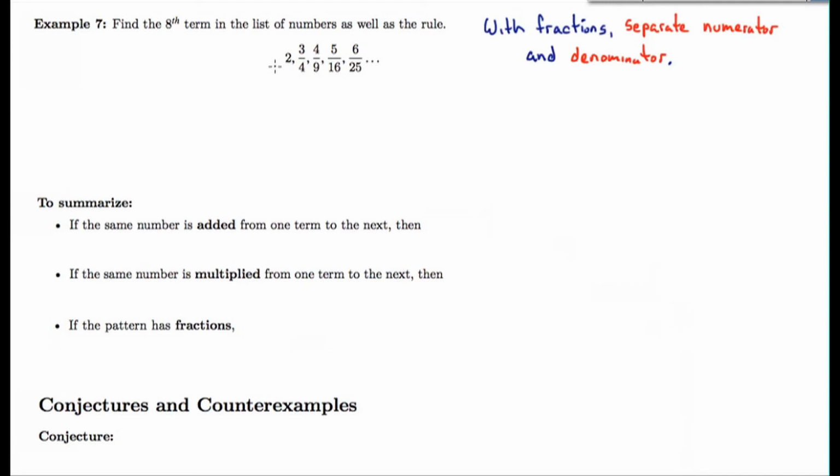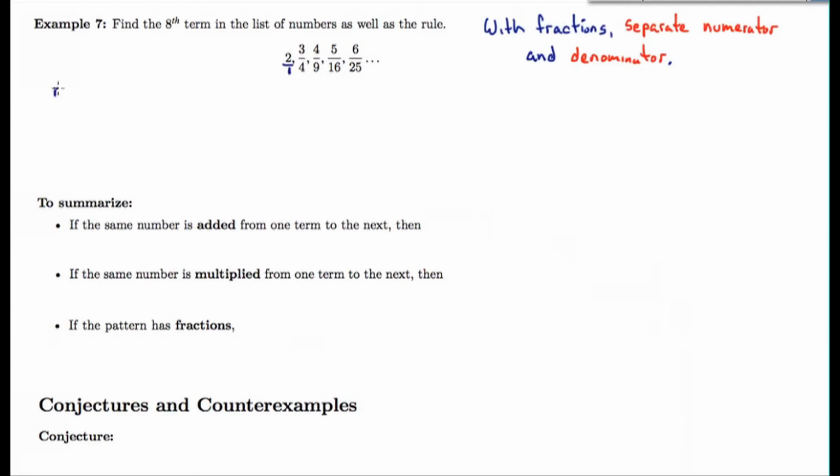So 2, and we can write this as 2 over 1. That might be useful. 2 over 1, and then 3 over 4. So 3/4, 4/9, 5/16, 6/25. We can see the numerator is just increasing by 1, but the denominator is not just increasing by 1. Something else is happening down here. So let's see if we can figure out what this is.